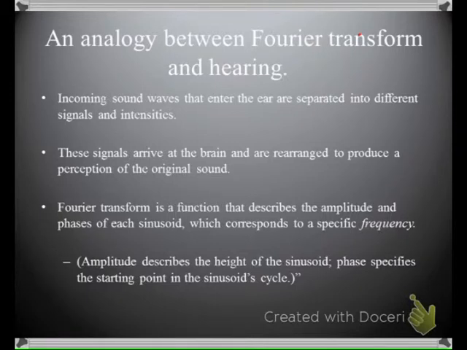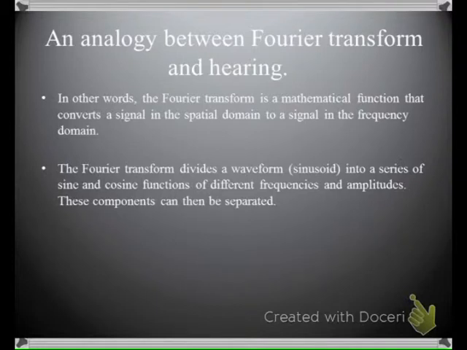The Fourier transform is a function that describes the amplitude and phases of each sinusoid, which correspond to a specific frequency. In other words, the Fourier transform is a mathematical function that converts a signal in the spatial domain to a signal in the frequency domain. And so basically, just as your ear hears all of these sounds and then separates them in terms of intensity, the Fourier transform does much the same thing, where it separates different wavelengths and frequencies of the X-ray beam.